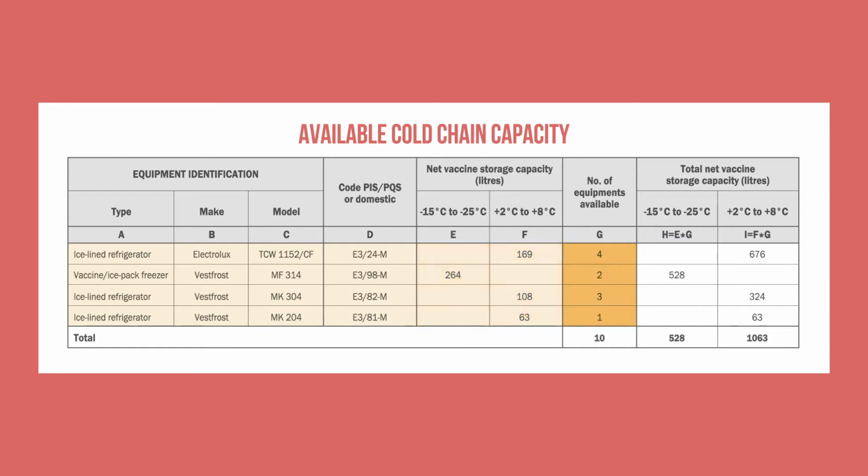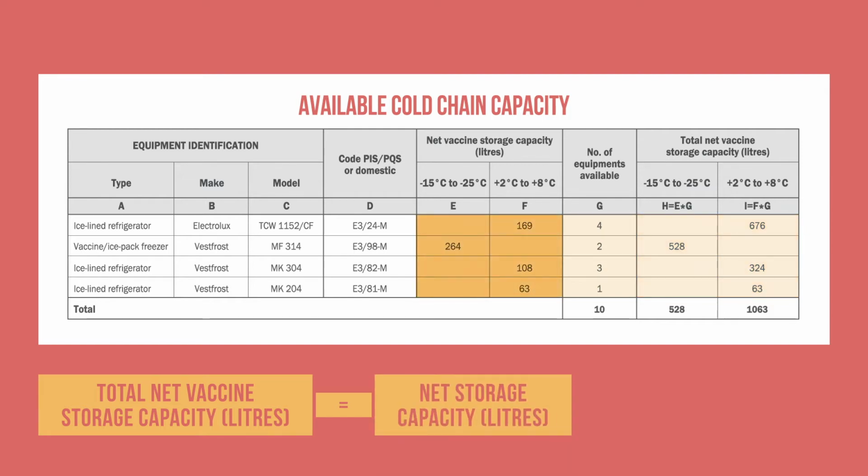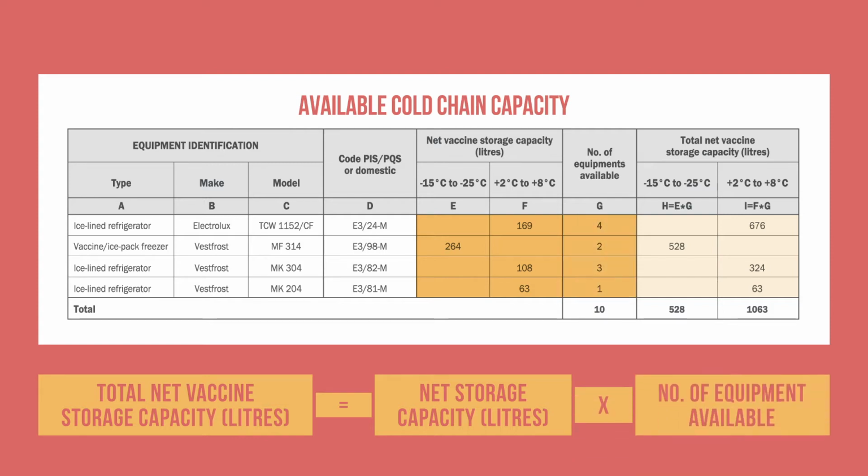Specify how many pieces of each equipment type you have available. Then, for each type of equipment, calculate the total net vaccine storage capacity. You can get the total net vaccine storage capacity by multiplying the net vaccine storage capacity of each type of equipment by the number of pieces of that equipment.